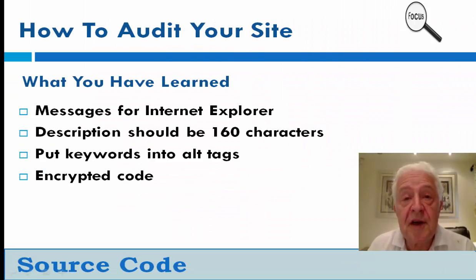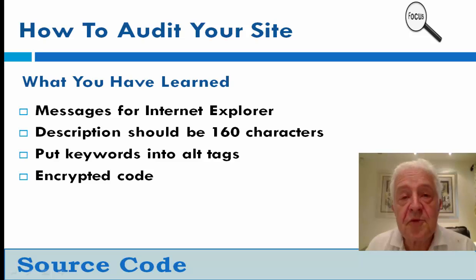So, in this video, you have learned how to find the source code and some basic things that you can look for to make sure that they are present or not, as the case may be. Are you giving instructions to Internet Explorer so that your site renders properly?